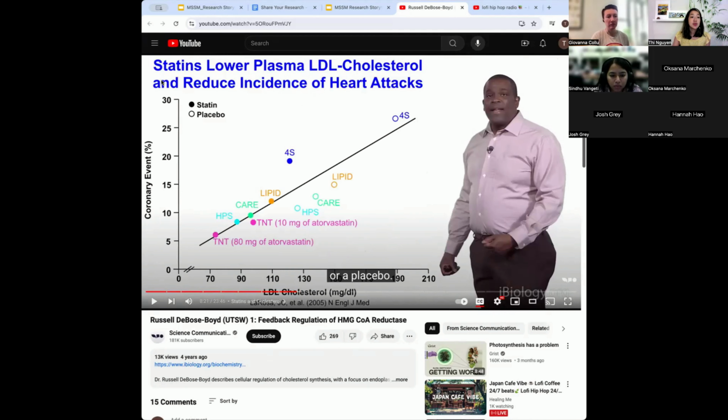So let's see here. Okay. This one is a really good demonstration of how to deliver your core message, which is what the effect is. Statins lower plasma LDL cholesterol and reduce incidence of heart attacks. So you can see right away what the punchline is, right? It's not the measurement of coronary events related to cholesterol, because that is a description of your figure, like this is what I did, but this is why it matters.